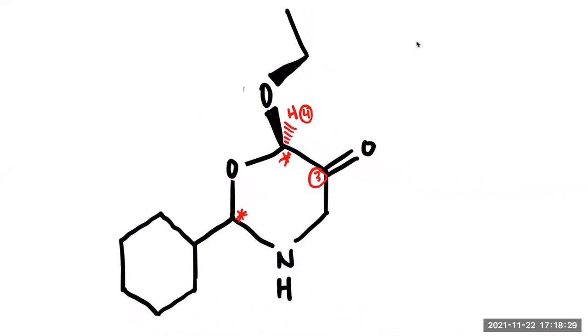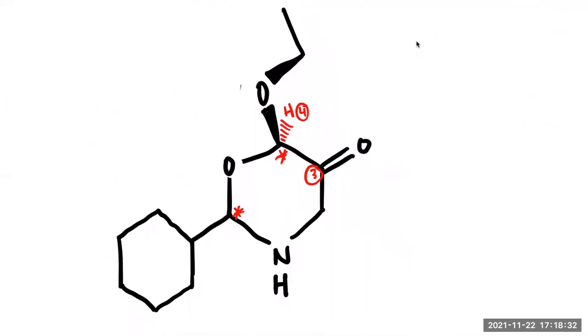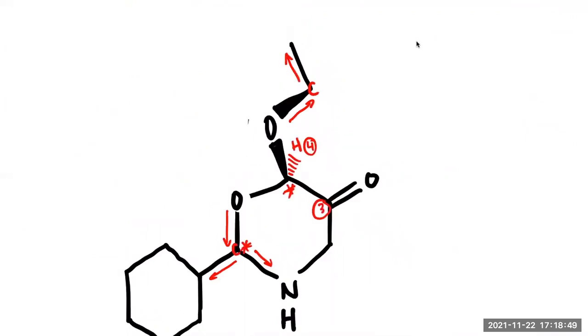Okay, so to do that, we need to branch out, right? So here we're going to branch out once. Here we're going to branch out once. We reach a carbon on both ends. Okay, so that means we need to branch out again. All right, so let's branch out one more time. Okay.